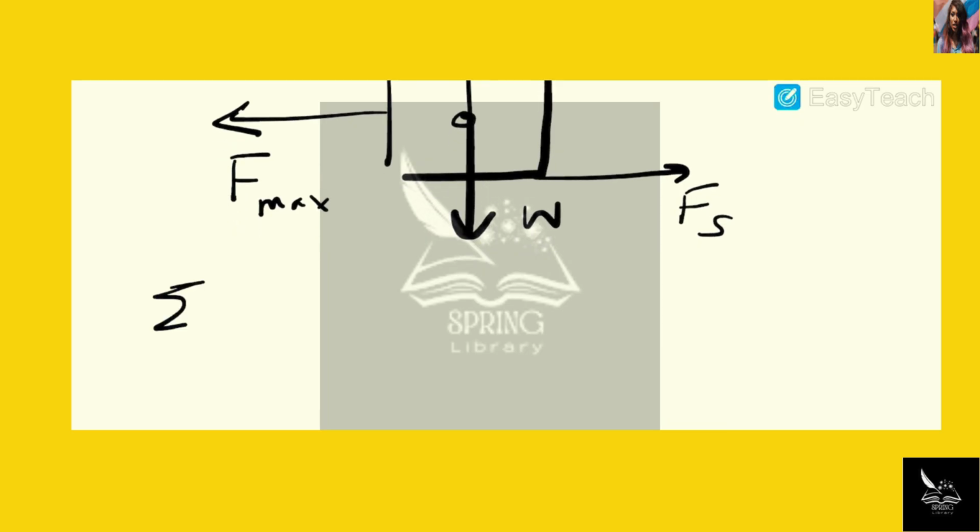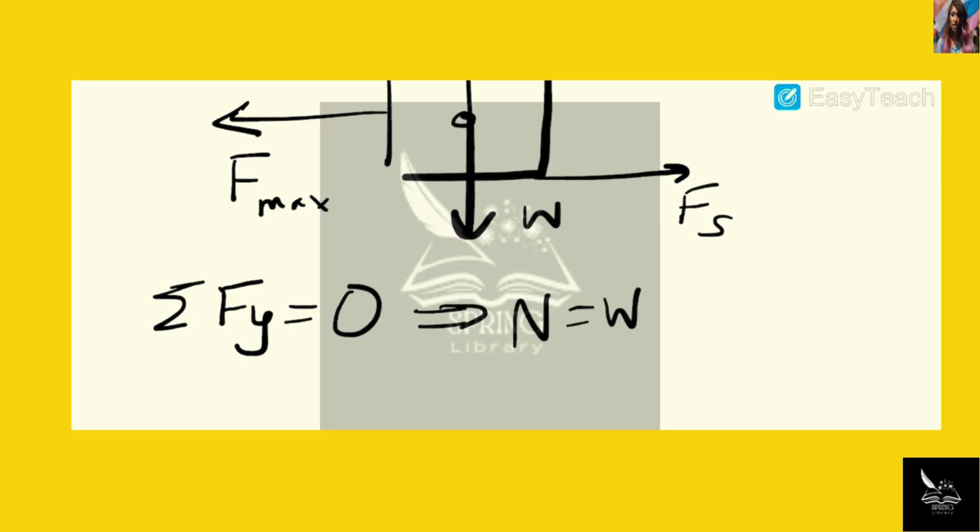So again, doing our net force balance in y, the net force in y is equal to 0. Therefore, the normal force is equal to the weight force, which will be equal to 1,472 newtons.